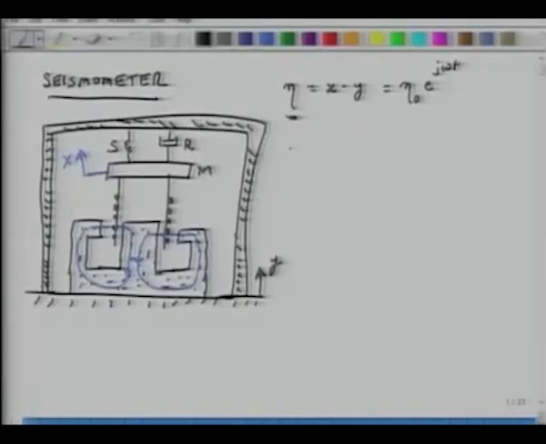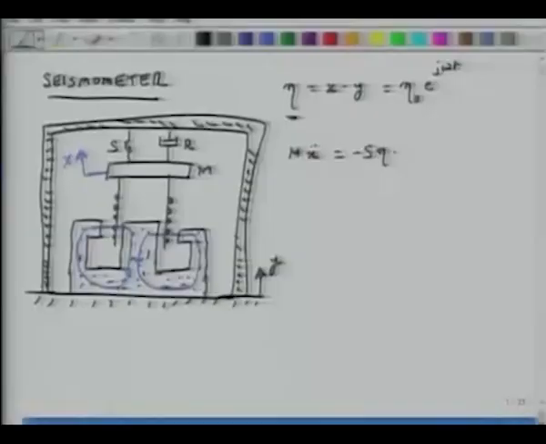From equation of motion, we know that m x double dot, mass times acceleration, equals minus s times the relative displacement or the compression or tension in the spring, minus the viscous force.